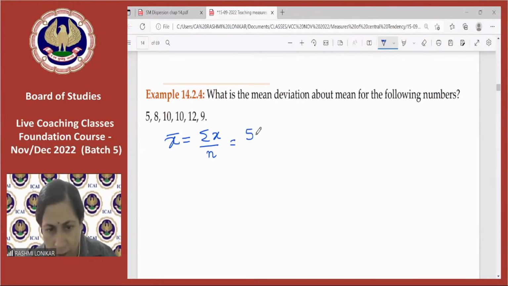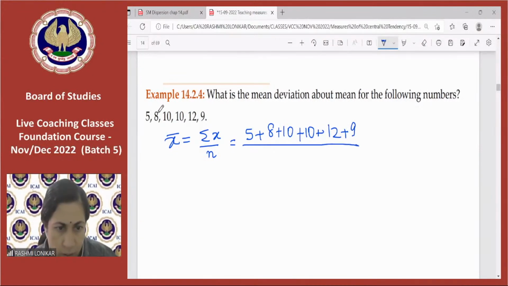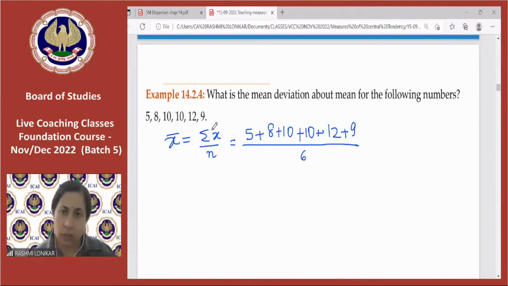It will be 5 plus 8 plus 10 plus 10 plus 12 plus 9 upon, how many are there? 1, 2, 3, 4, 5, 6. When you have such small numbers, try to do it directly on the calculator. Don't spend time writing, because this is only simple. I'm just writing it here for your understanding. Just make sure you're counting correctly.